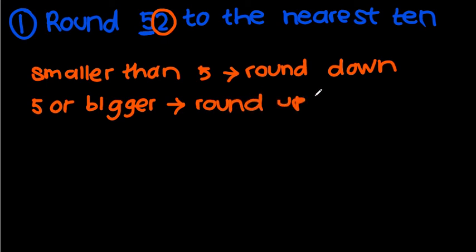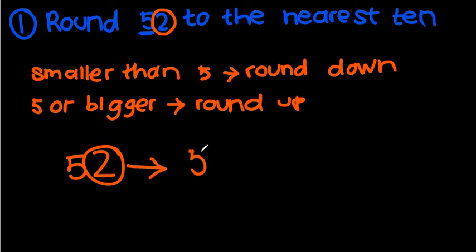There are lots of rhymes to remember these rules, so have a look if you're struggling. For this 52, the 2 is smaller than 5, so we round down to the nearest 10, and we round this number to 50.